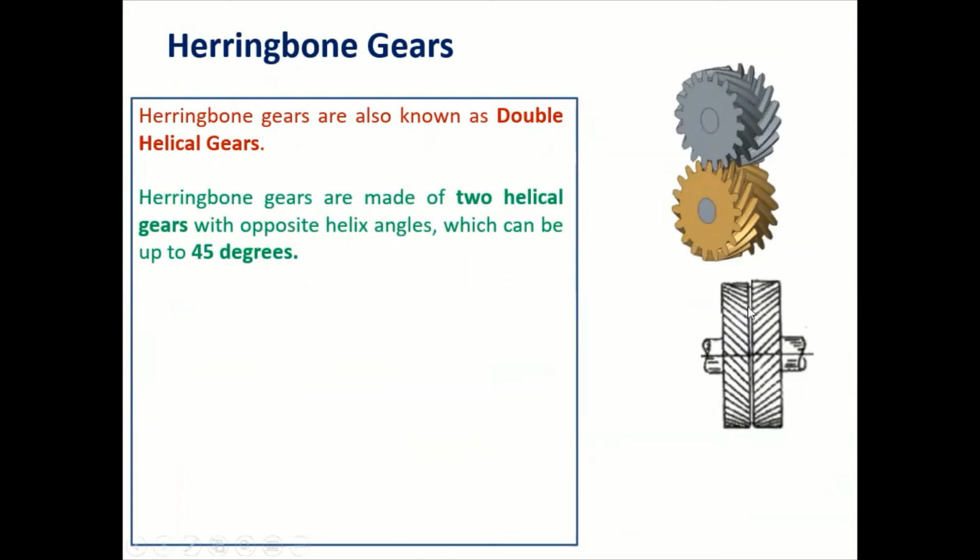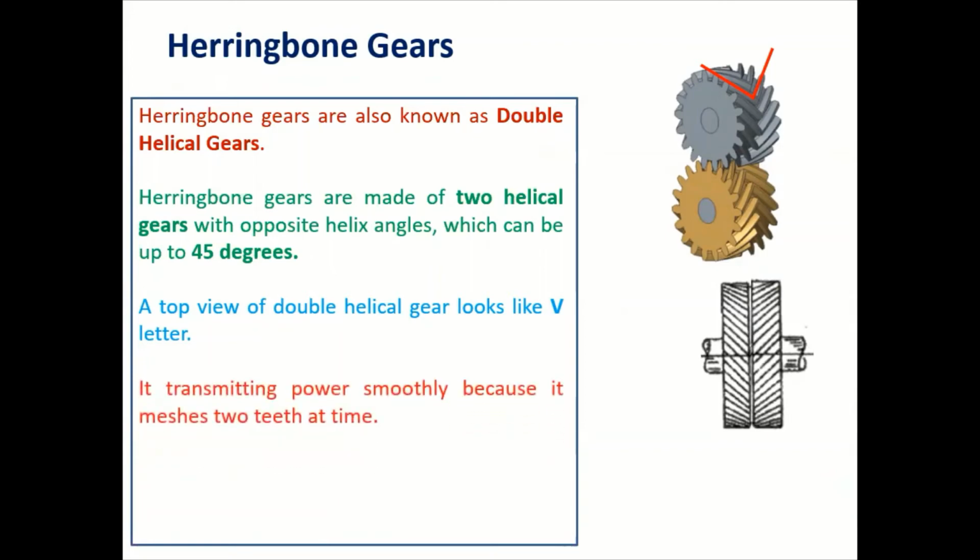Now, when we are meshing both gears with each other, it will look like a herringbone gear, right? And the angle which you are observing here will be the V angle if you see from the top. So the top view of a double helical gear looks like a V letter. That is the meaning of that.